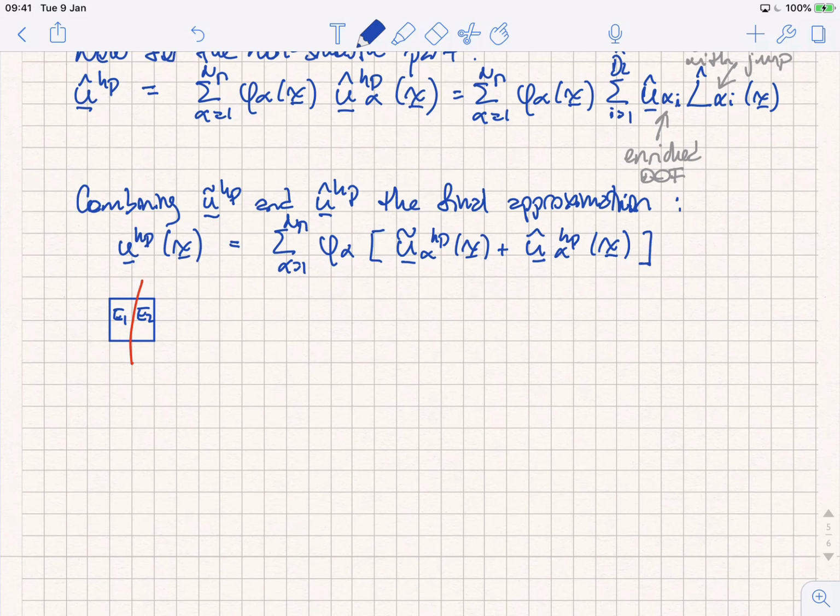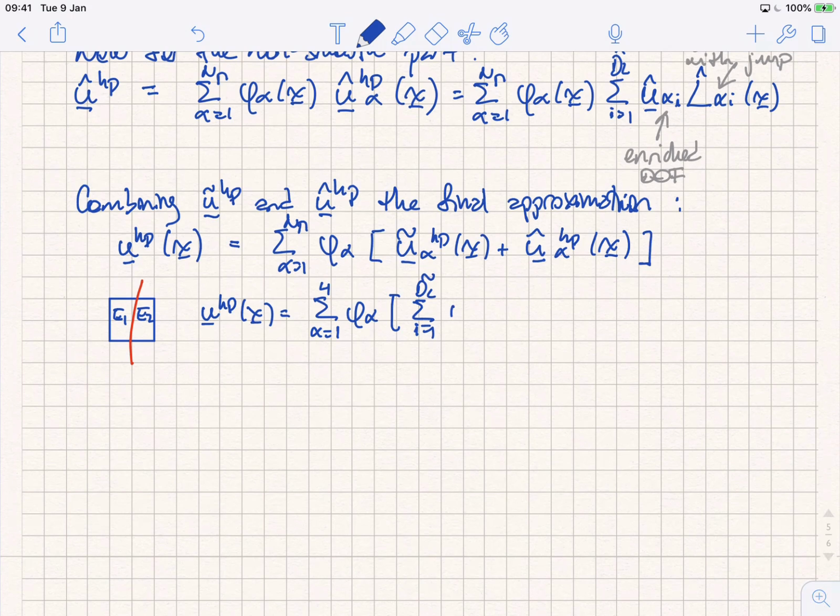And now we said, well, for that particular element, my approximation is going to look like the sum from alpha equals 1 to 4. So I have 4 nodes, okay? Phi alpha, and those are my shape functions. And now I have the sum from I equals 1 to the dimension length of that smooth part of the enrichment.